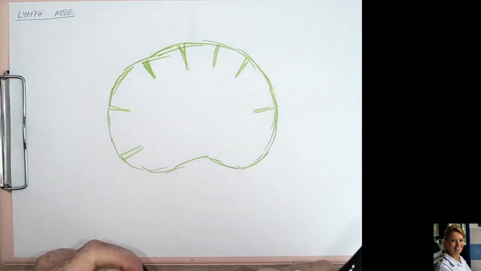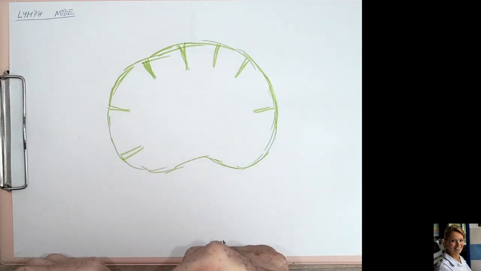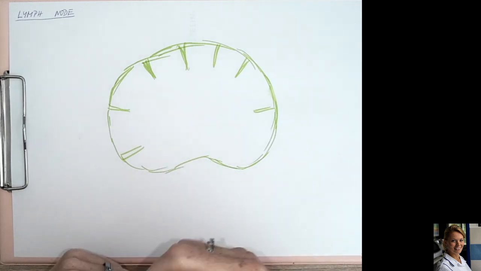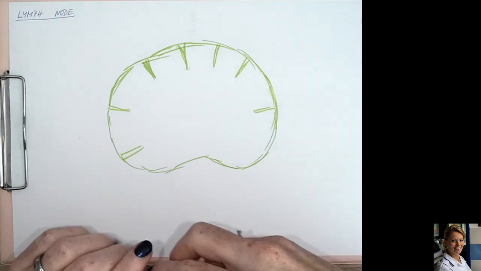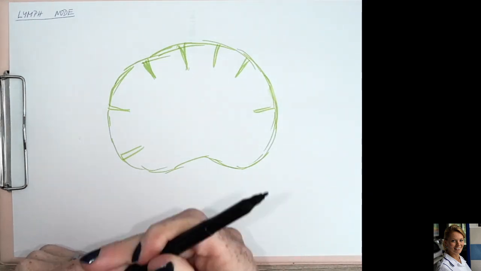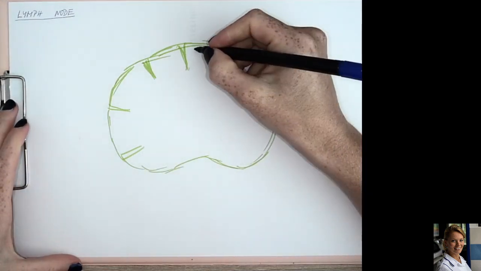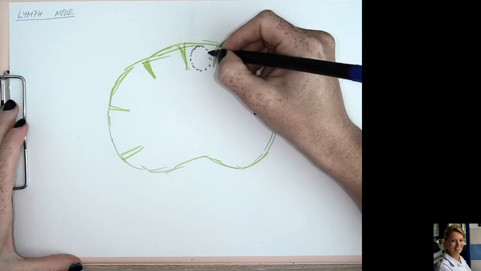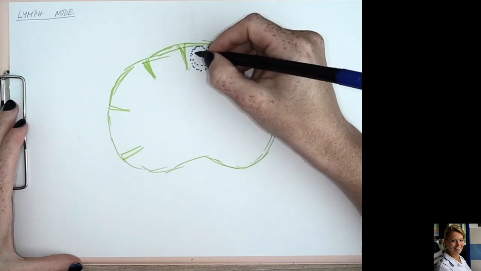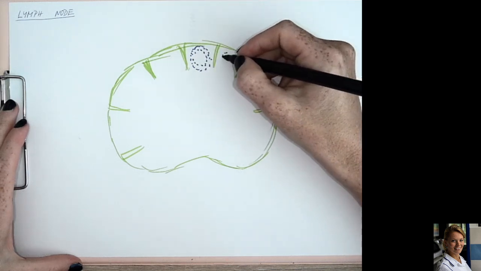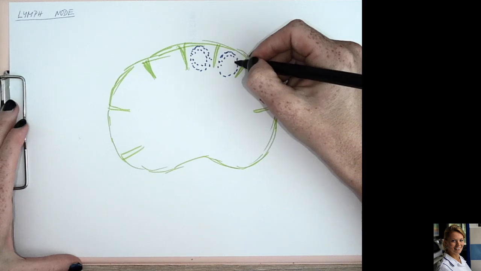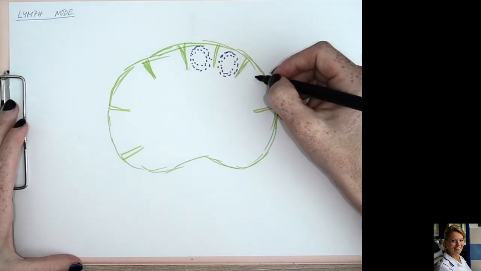Beneath the capsule is the cortex, everywhere except the hilum. In the cortex, there are lymphoid follicles, accumulation of the lymphocytes into the nodules with the light germinal center.